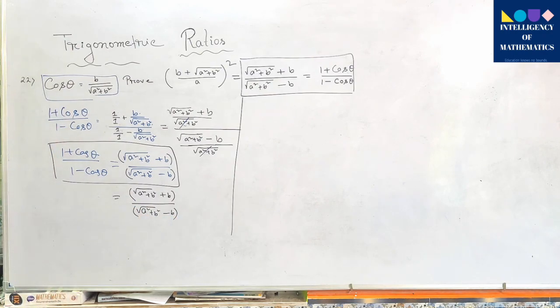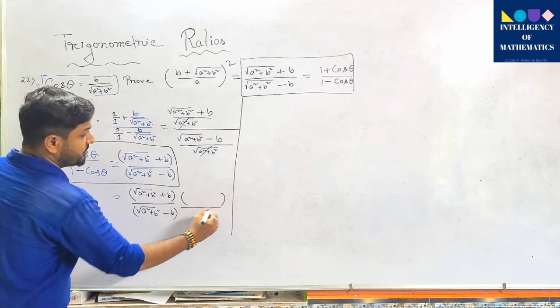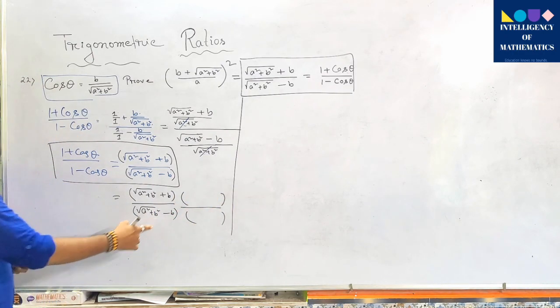So this is what we got. To remove this root from the denominator, we have to multiply up and down with the conjugate of this.